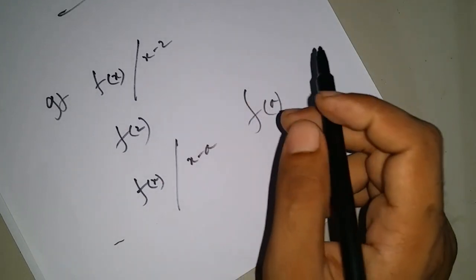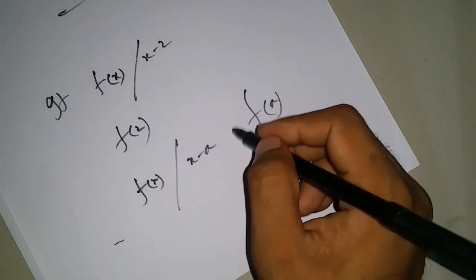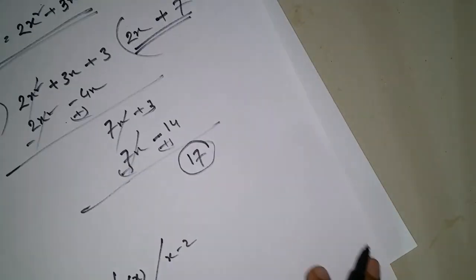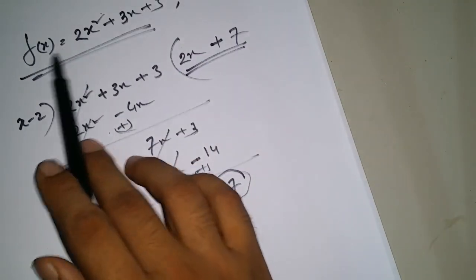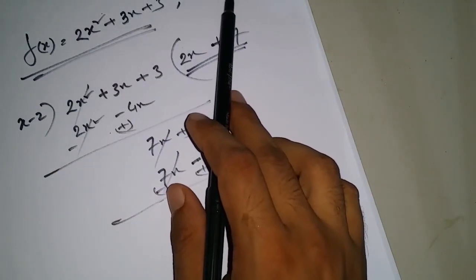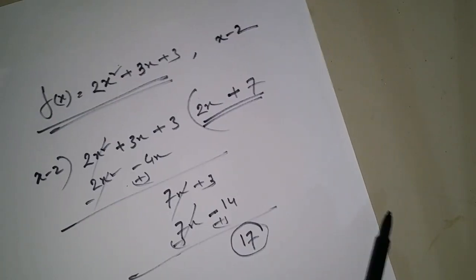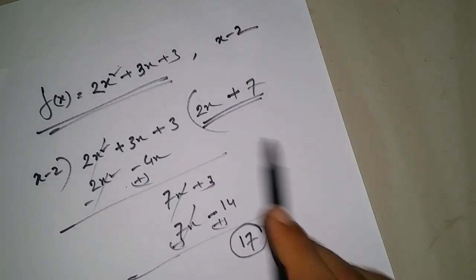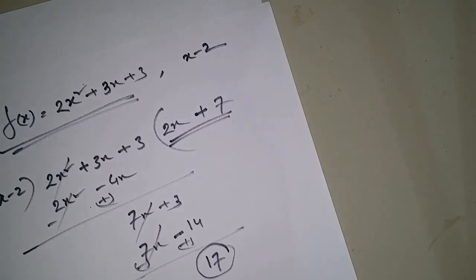Now if we divide f of x by x minus 2, then from the remainder theorem, our remainder should be f of 2. Let's see.